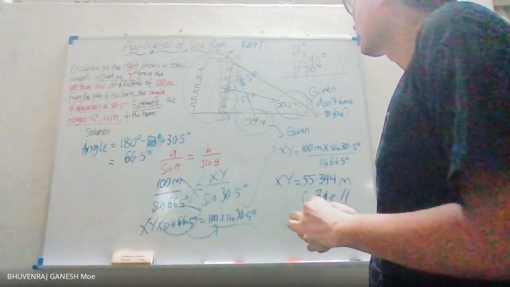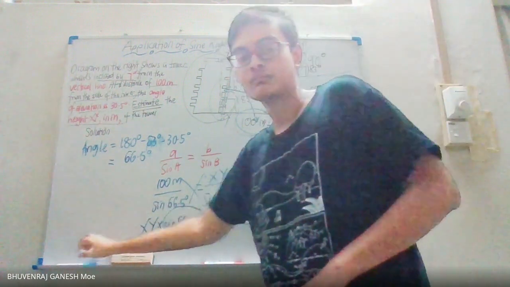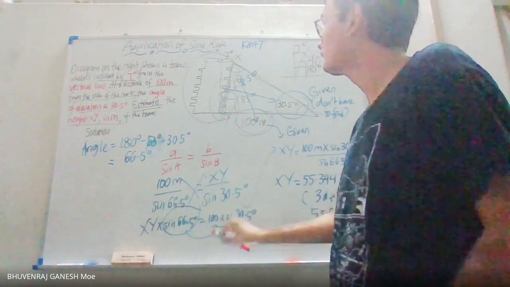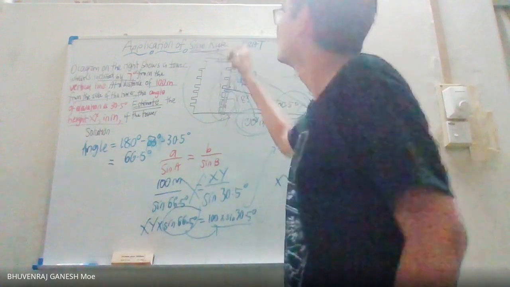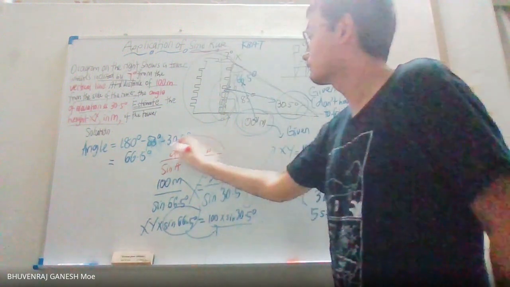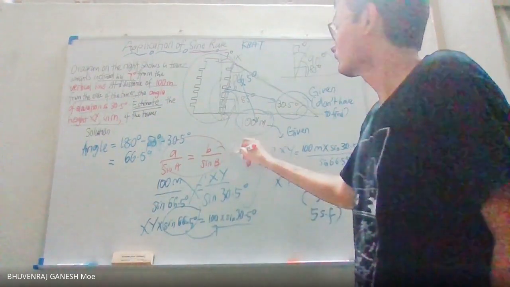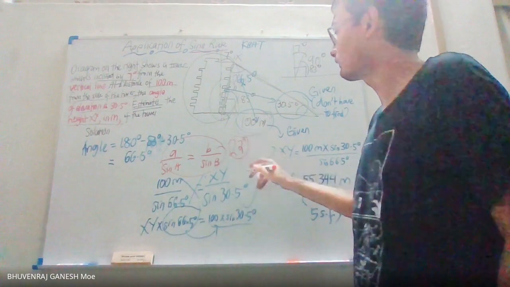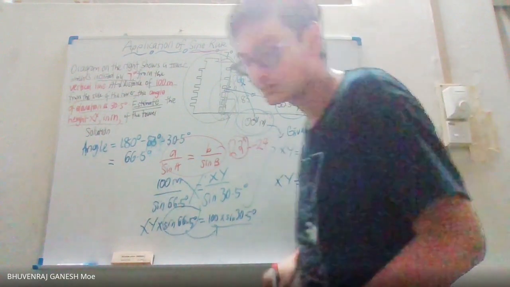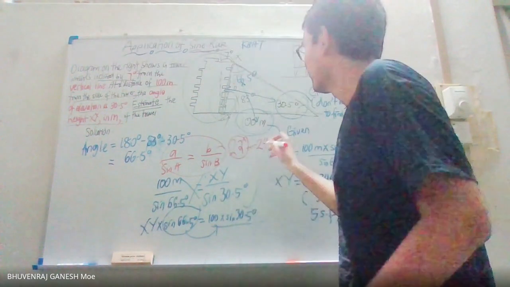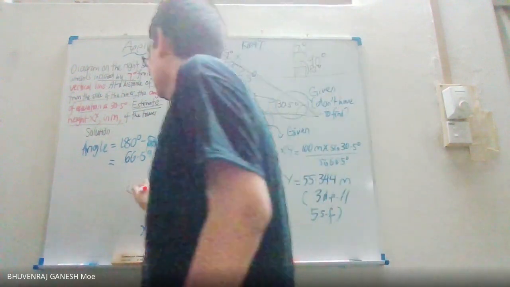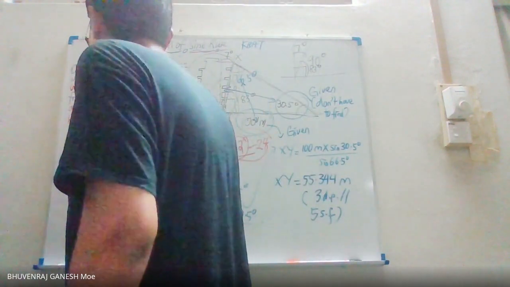So that's how we apply the sine rule to find this whole thing. This is the sine rule, the formula you will find in number 22 of your formula sheet. Numbers 22 to 24 are the solution of triangles formulas. The whole thing is solution of triangles.